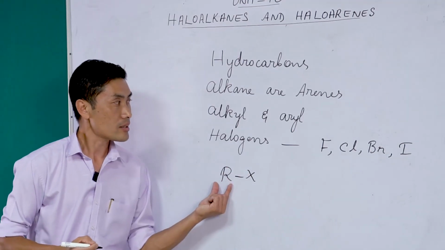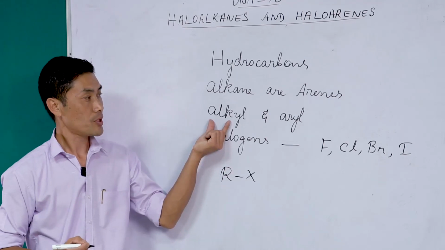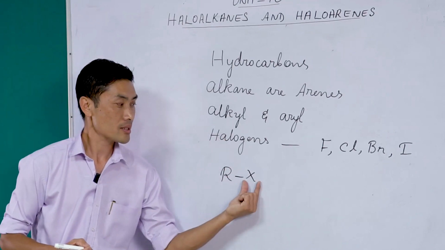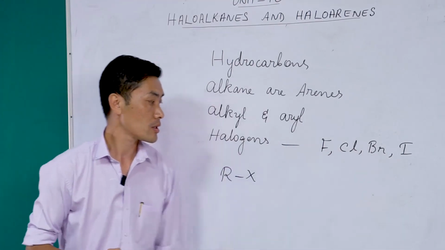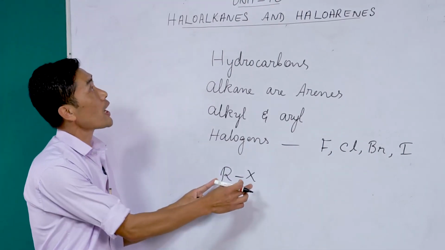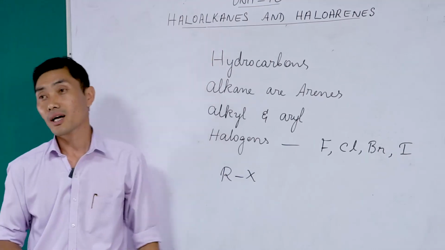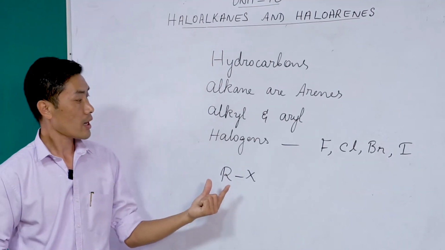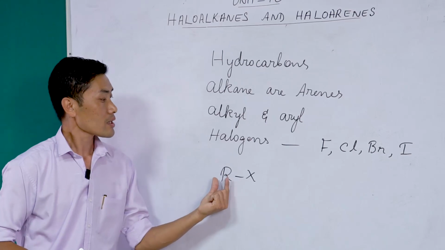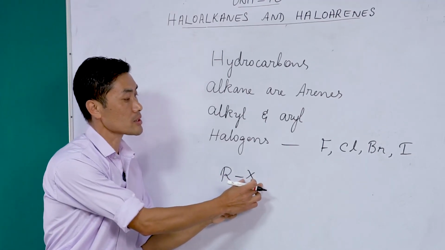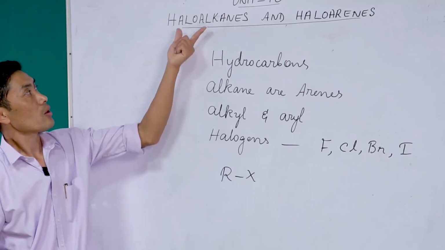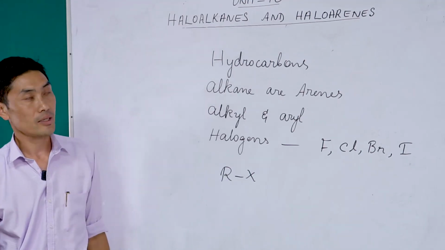Here R is an alkyl group and X is a halogen, any one of these halogens. So haloalkanes, in other words, are also named alkyl halides, or also named haloalkanes.